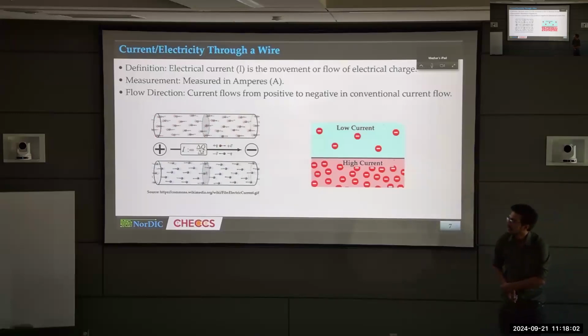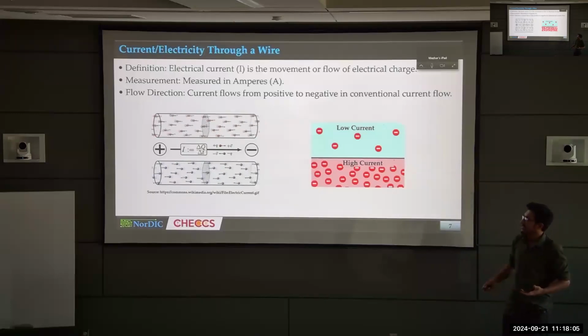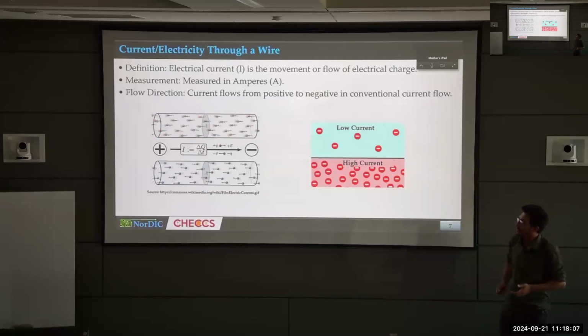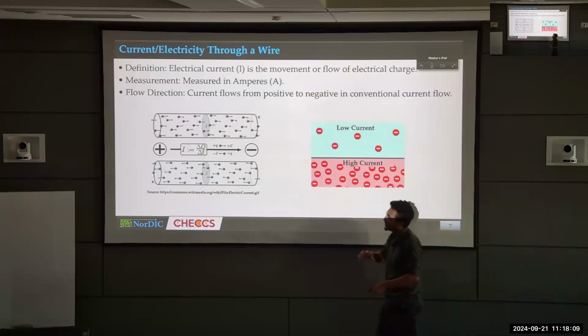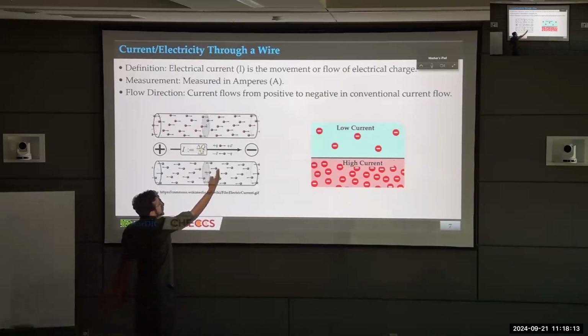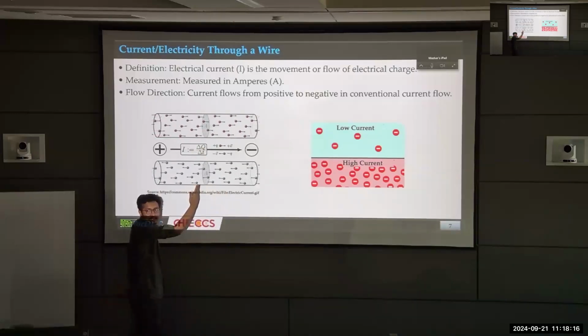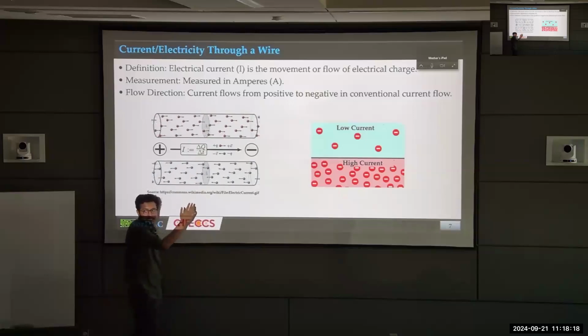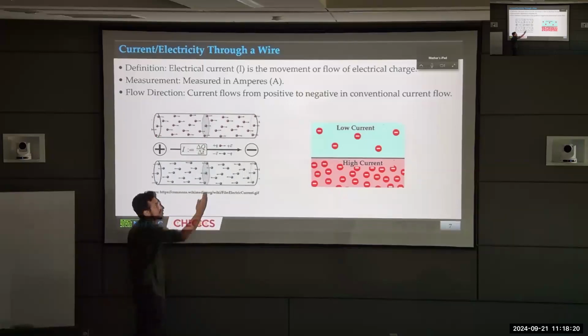So that's what current actually is. Mathematically, current is the charge that has crossed the plane divided by the time we considered for the charge to pass.